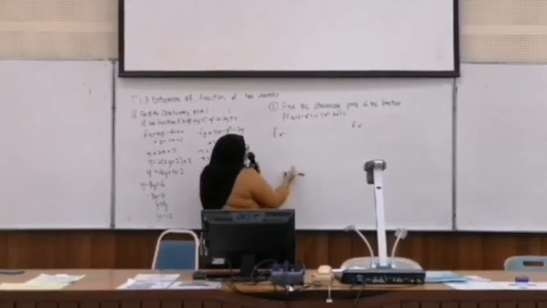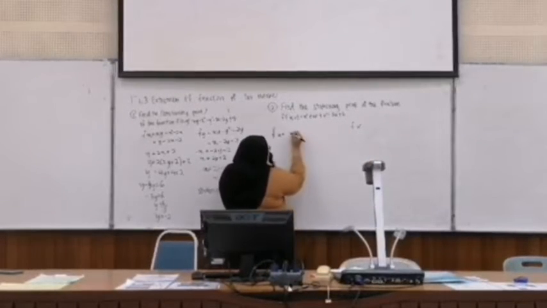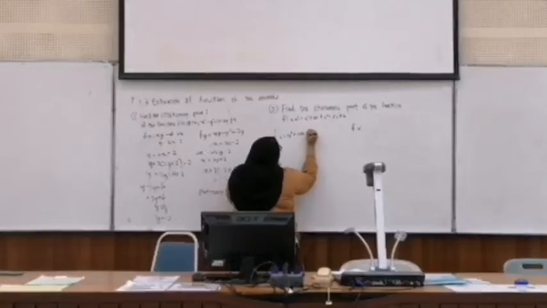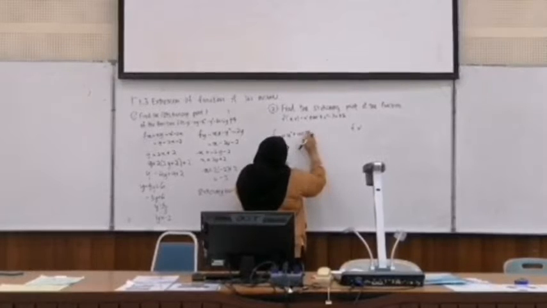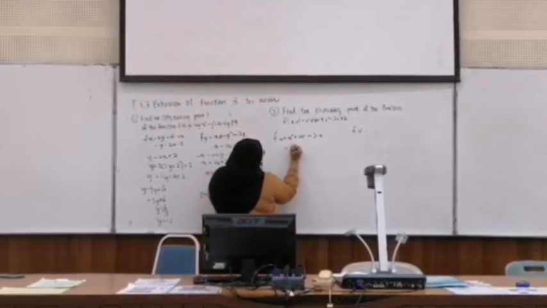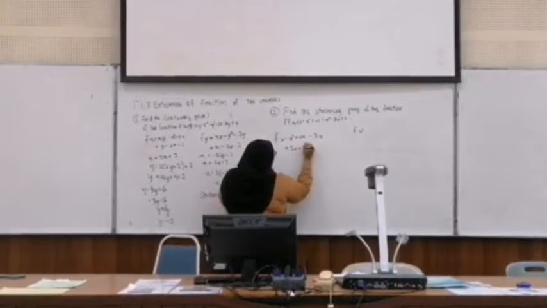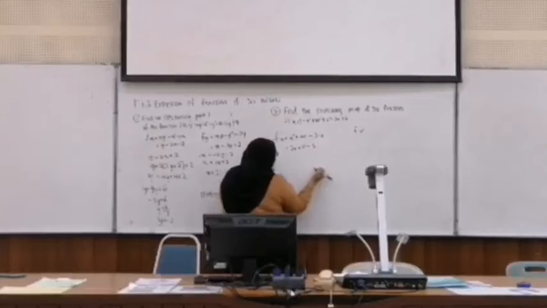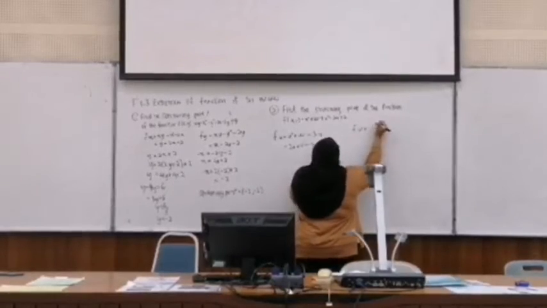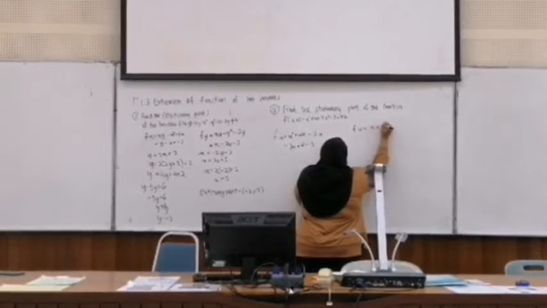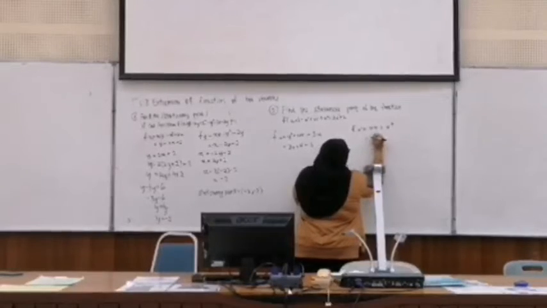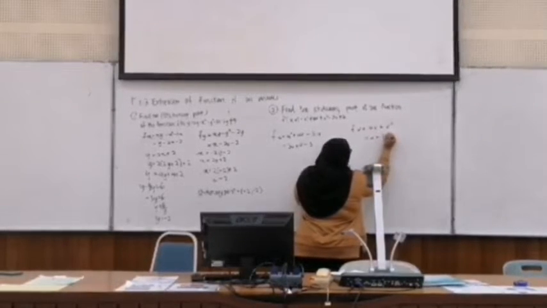We list out all the terms with u in this equation, which is u squared plus uv minus 3u, and we will get 2u plus v minus 3. And for f_v, we will do uv plus v squared, and we will get u plus 2v.